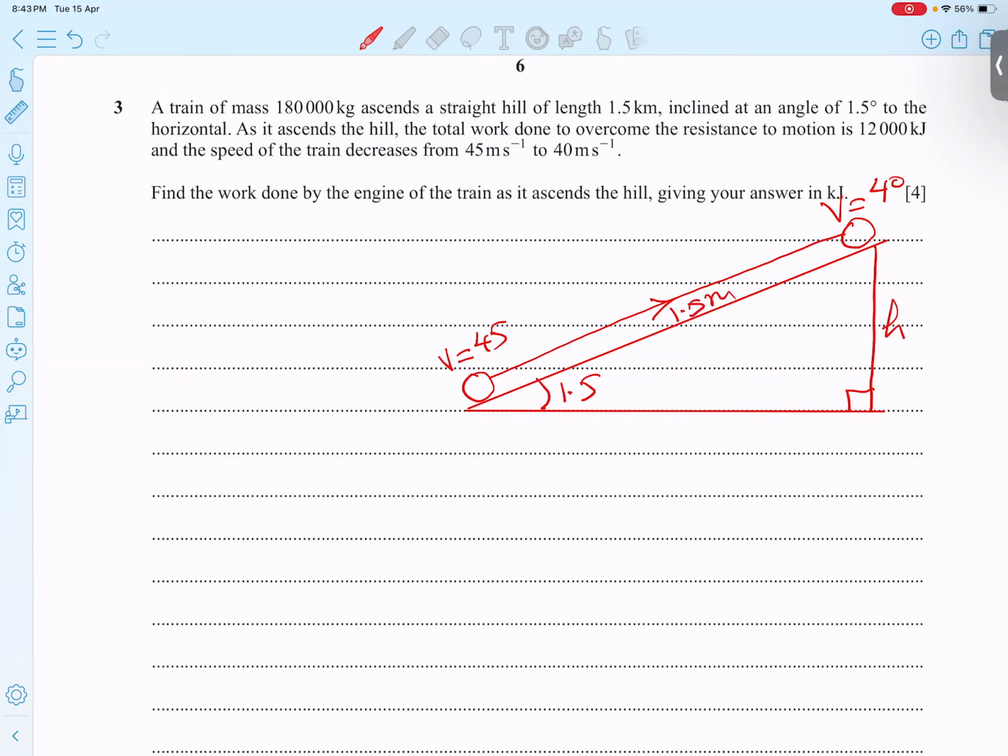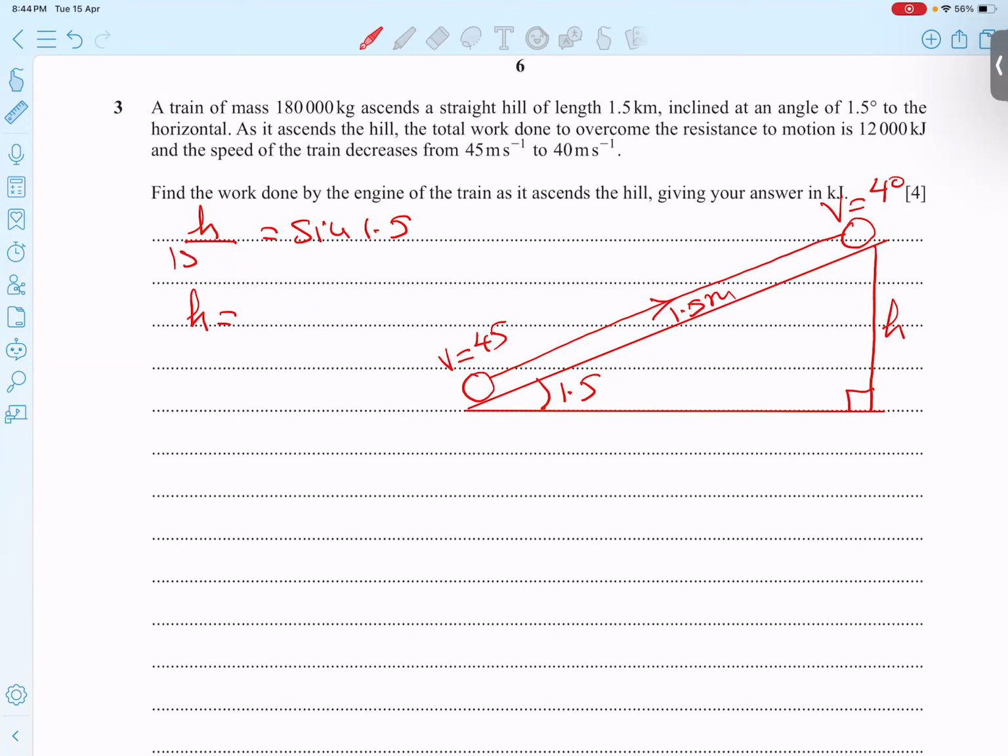This is the height. Because whenever height is concerned in this kind of question, we need the height. So opposite by hypotenuse is equal to sine theta. So this turns out to be 1.5 sine 1.5. Wait a minute, kilometers. So I have to convert this into meters, it is compulsory.